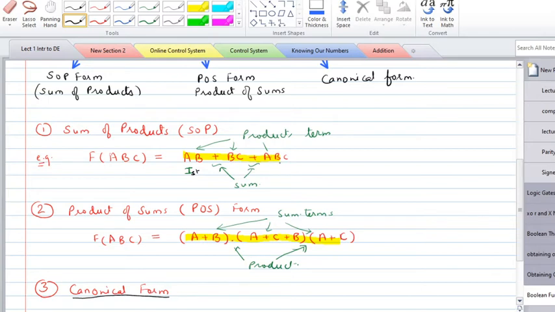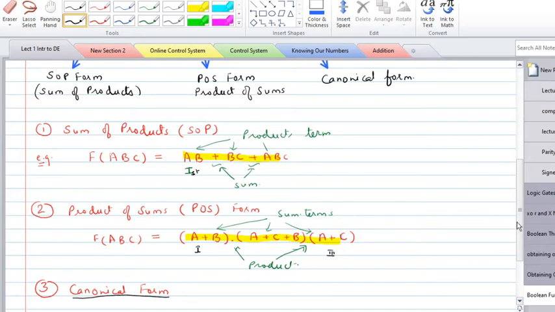In the third, all three variables are present. That's why it is a SOP form but not a canonical form. Similarly, in POS form, in the first term c or c bar is missing. In the third term b or b bar is missing, whereas in the second term all three variables are present.